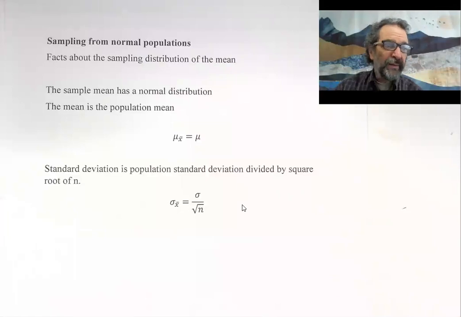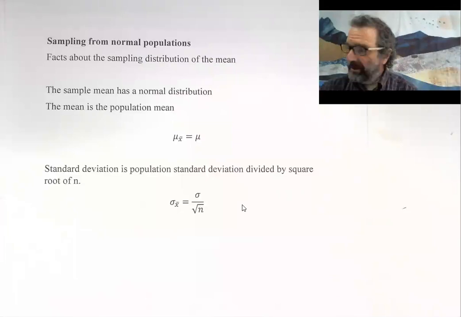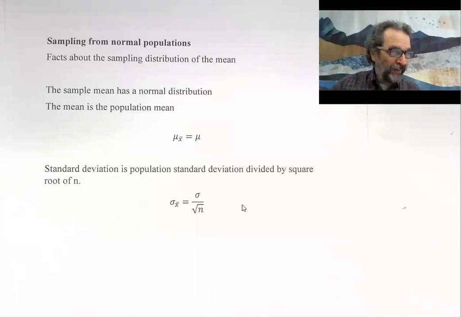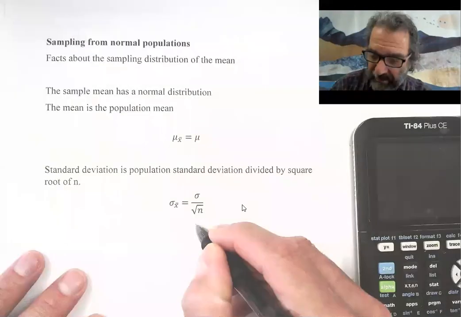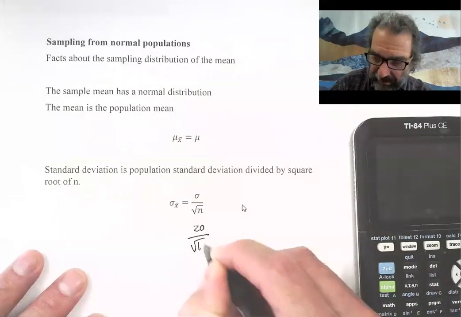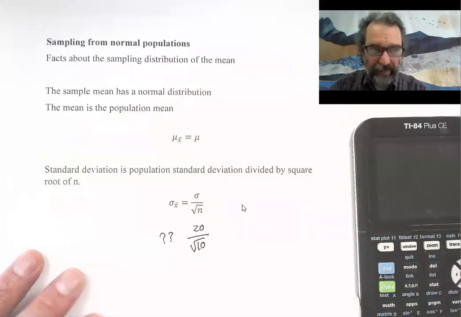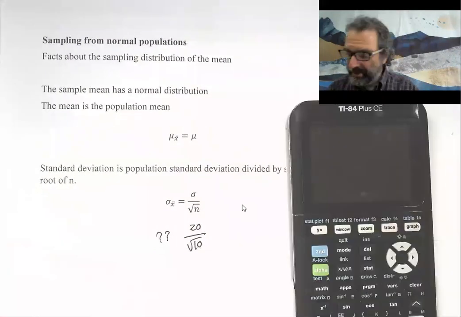And in general, in all kinds of situations, not just here with normal distributions, the standard deviation is the population standard deviation divided by the square root of n. So we can figure out what we should have gotten for sigma, because it should have been 20 over the square root of 10. And we said that was about 6. I wonder how we did.